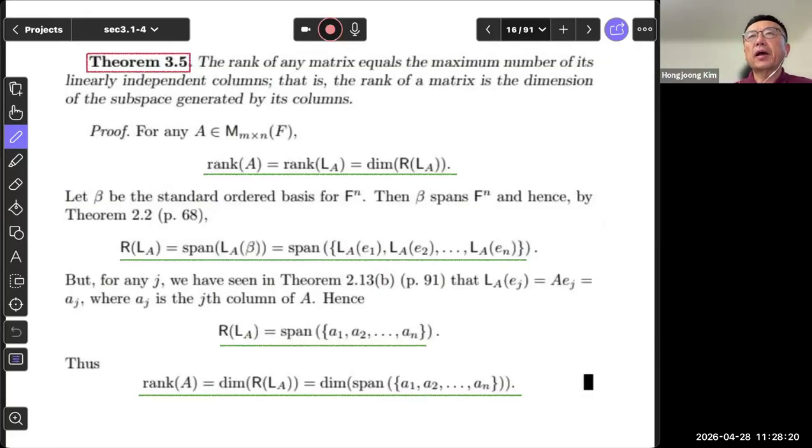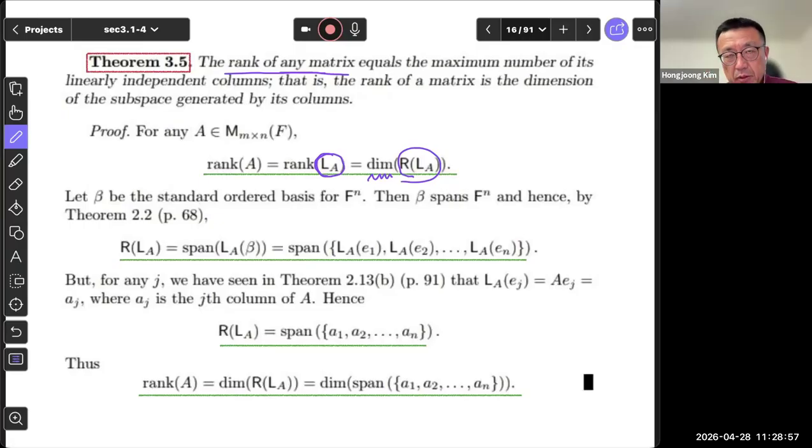The rank of any matrix, by definition, was defined by the rank of the left multiplication operation, and the rank of any linear transformation is the dimension of the range of that mapping, right? That was the definition.